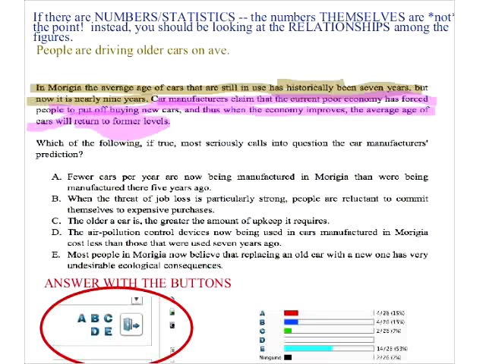So in other words, the argument that the manufacturers are claiming is that the economy is the only real reason here. So when the economy gets better, people will buy newer cars again.